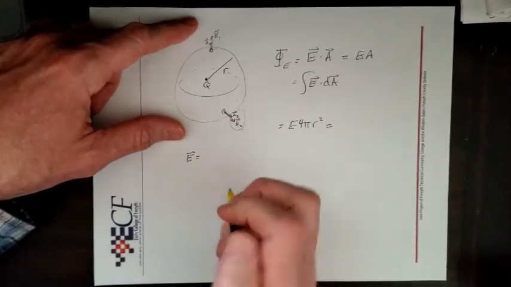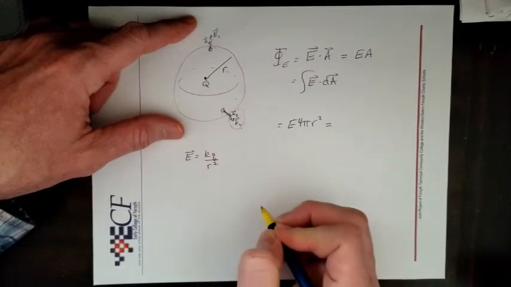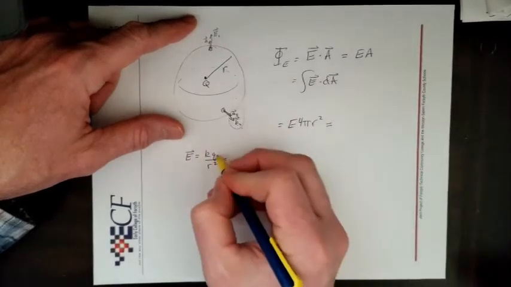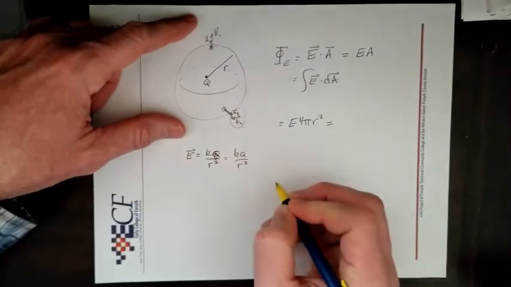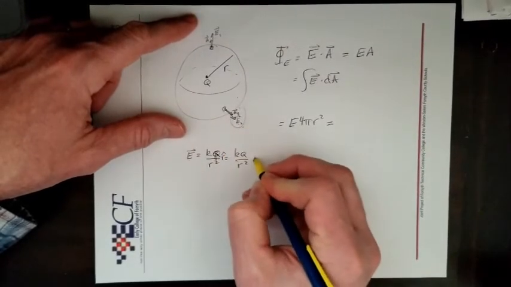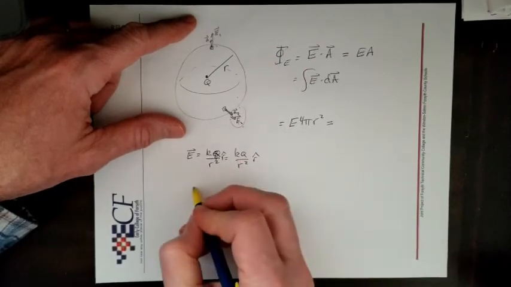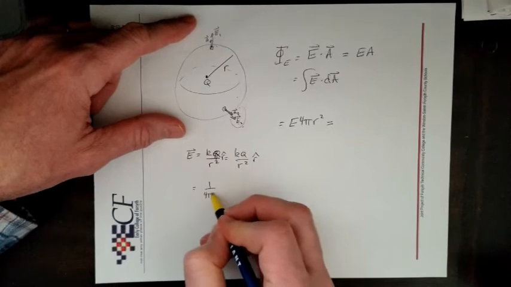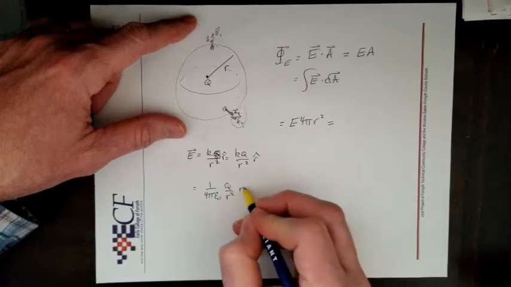The formula is the electric field is equal to kQ over r squared, or in this case, capital Q. So kQ over r squared, in the radial direction. In the slightly more sophisticated form, k, this Coulomb's constant, is 1 over 4 pi epsilon sub naught, so Q over r squared, r hat.